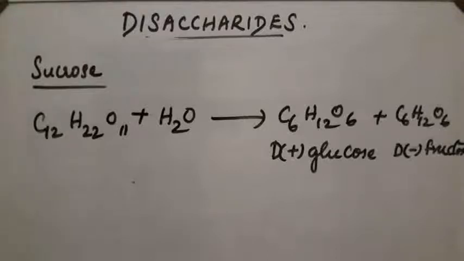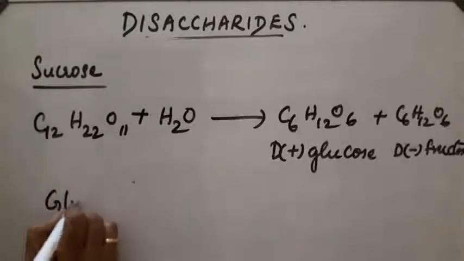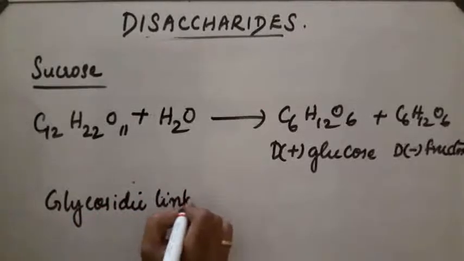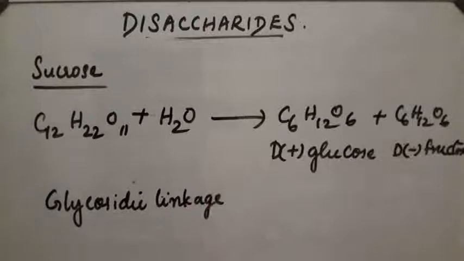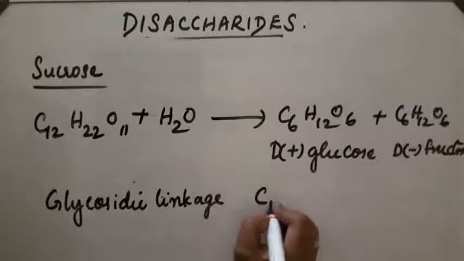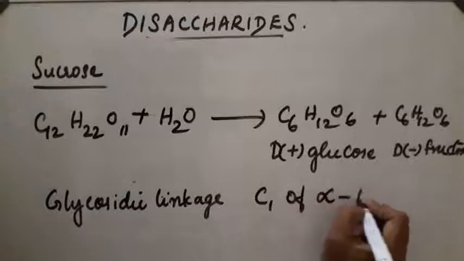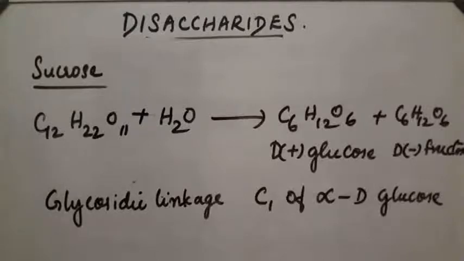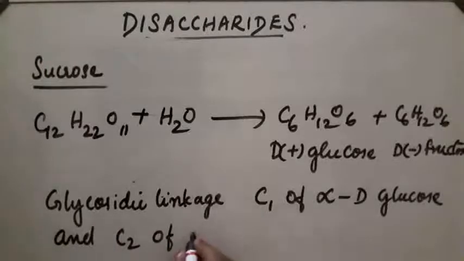Next, different observations and reactions show that the structure of sucrose contains a glycosidic linkage between C1 of alpha D glucose and C2 of beta fructose.